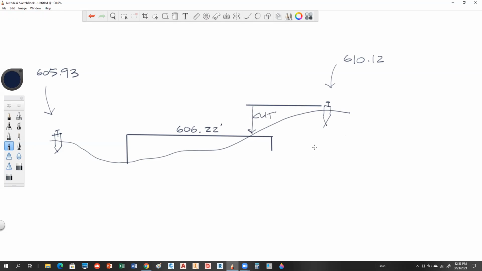We just take what? 606 finished floor minus 610, my stake, and the difference there is what? Get a minus 3.90. Is that what you guys are coming up with? Yeah. And the minus indicates what? We need to cut it. We need to cut. Now, if you reverse these, are you going to get the same number here?